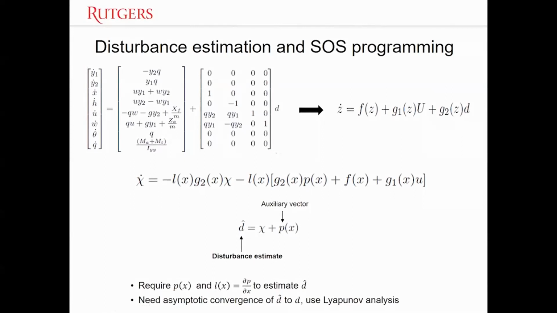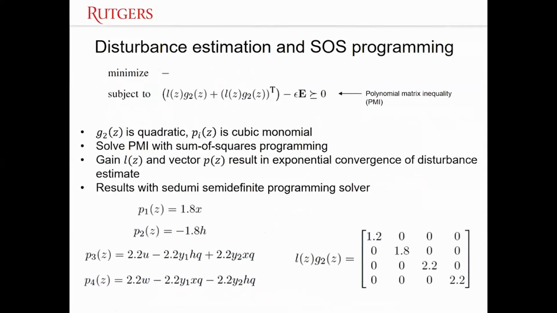Using Lyapunov analysis, we show that the synthesis of this disturbance observer actually reduces to solving the following feasibility problem, which is nothing but a polynomial matrix inequality in this case. And these polynomial matrix inequalities can actually be solved using conventional sum of squares programming.